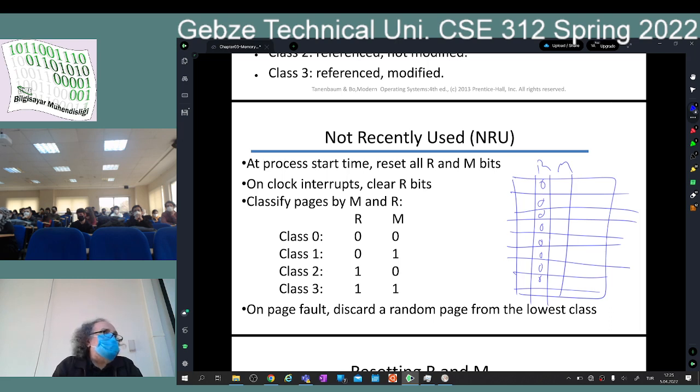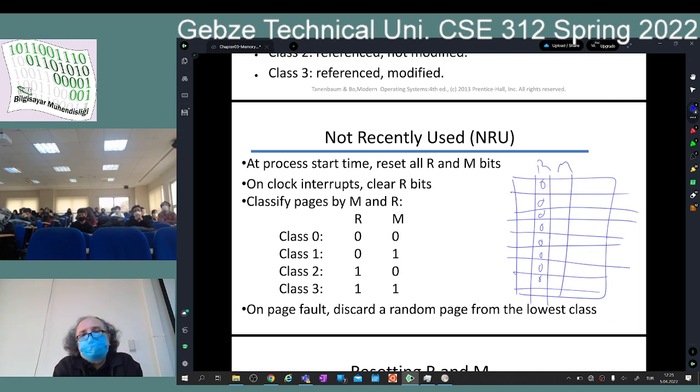So I assume that we start from the beginning. So this R bit basically means in this case, nobody has accessed this page in the last 50 milliseconds or 40 milliseconds. So since the last clock interrupt, nobody has accessed it. Okay, that's the algorithm. After that, okay, at process start time, reset all R and M bits.